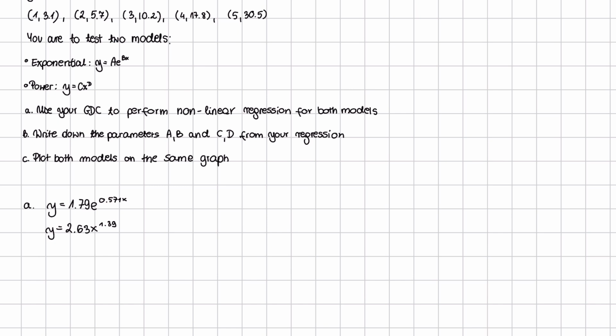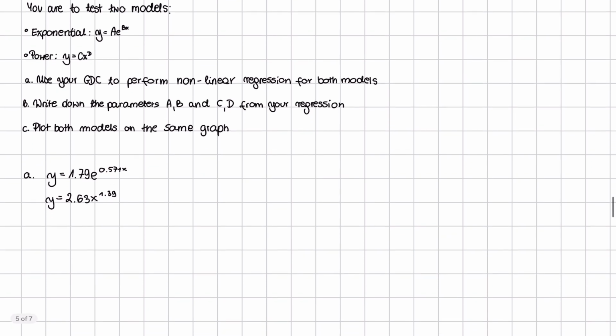B. Write down the parameters a, b, and c, d from your regression. So basically we already have these points from a previous point. So a is 1.79, b is 0.571, c is 2.63, and the d is 1.39.